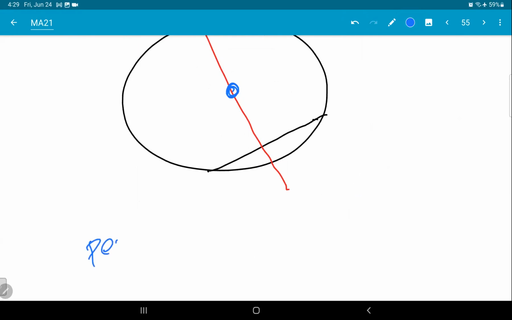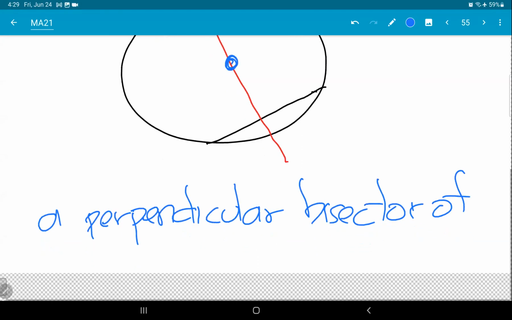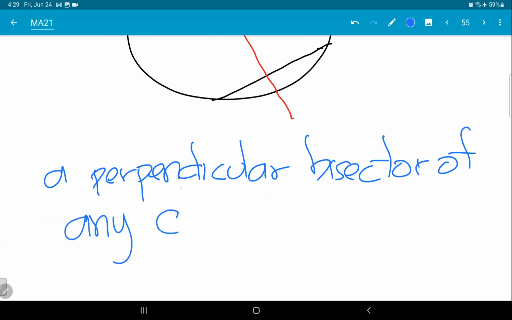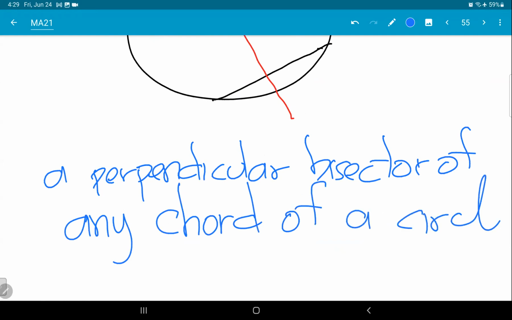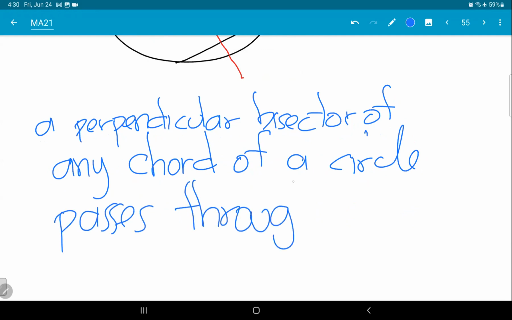A perpendicular bisector of any chord of a circle passes through the center of the circle. Okay, jot that down. A perpendicular bisector of any chord of a circle passes through its center.